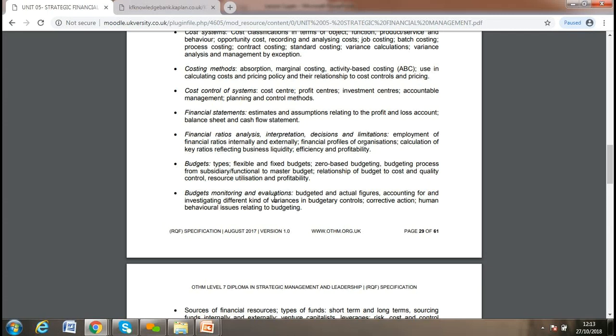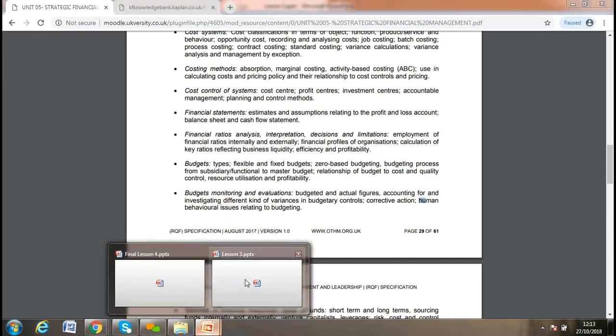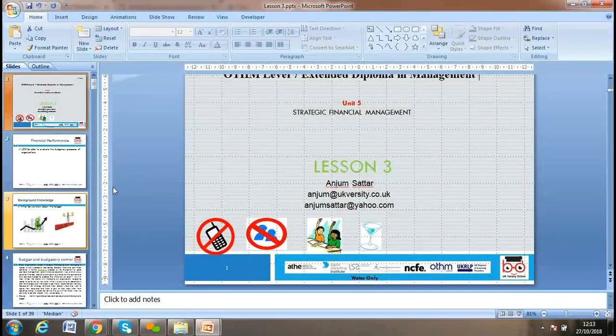We can look at the budgetary figures and the variances, meaning the difference between budget and actual figures. If you budget your expenditure but actually spend less, that is a favorable variance, in your favor, and there can also be adverse variances. We'll also discuss what corrective action is required by an organization. All this we'll discuss in today's lesson.